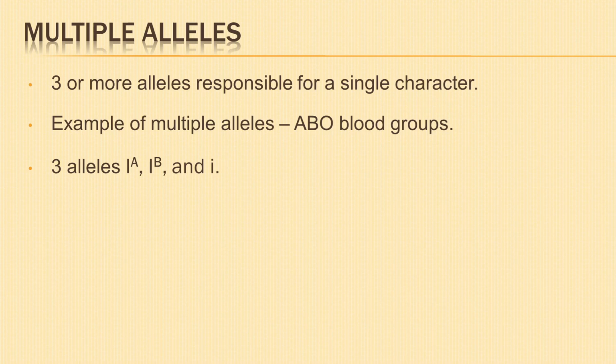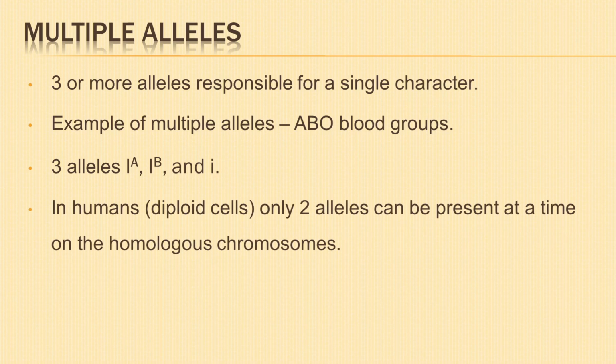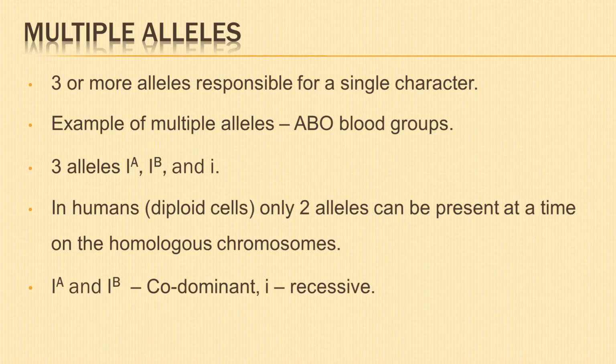It has 3 alleles, IA, IB, and i. In a diploid cell, only 2 alleles can be present at a time on the homologous chromosomes. IA and IB are co-dominant and are completely dominant over i.